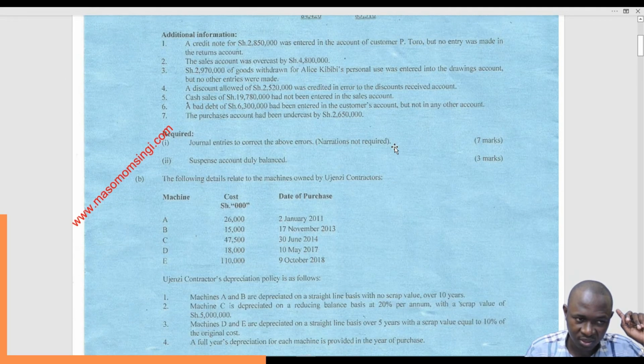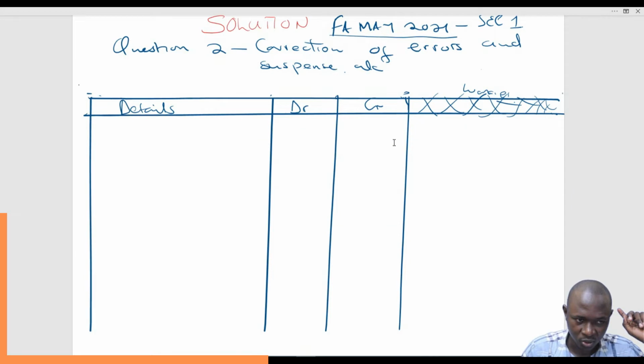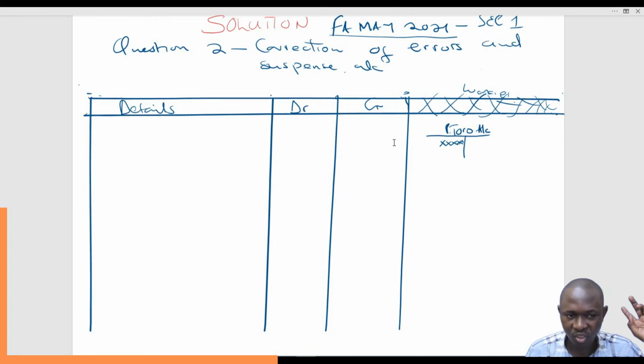P. Toro is a customer, and so he must be a debtor. So if we are to open the account of P. Toro, who is a debtor, we will have P. Toro account, and P. Toro is a debtor. So anything he buys on credit will be on the debit side, because he's a customer.